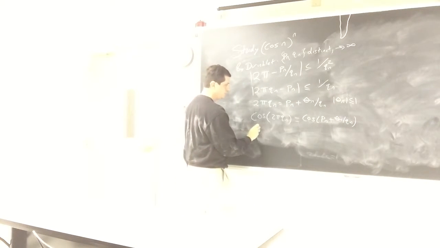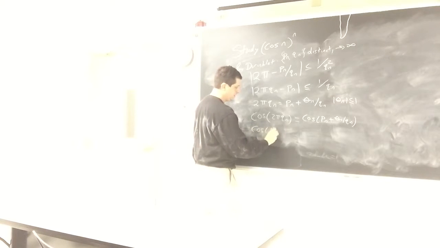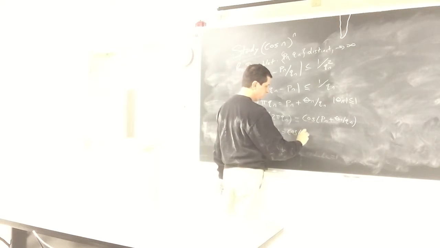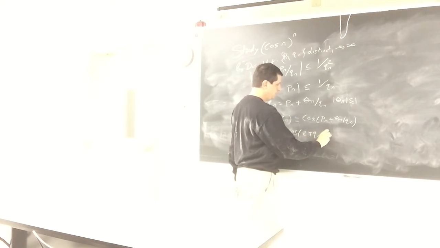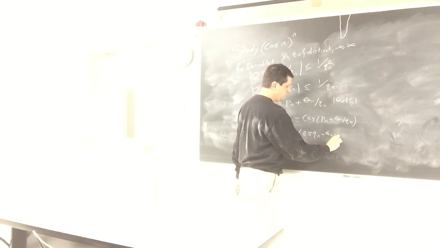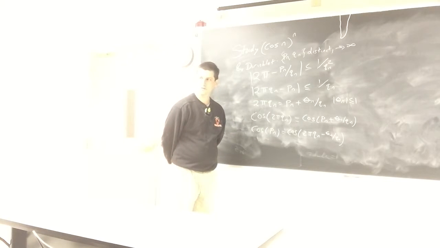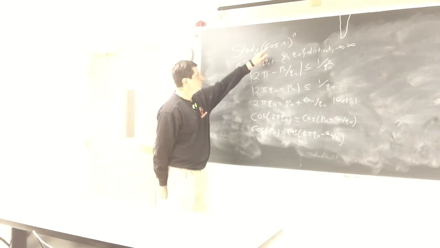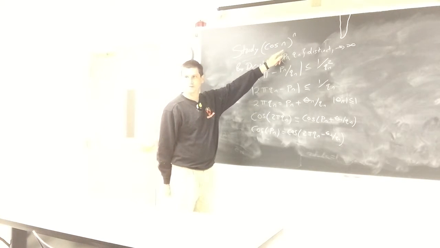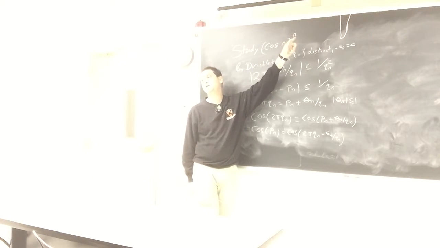Or conversely, the cosine of pn is the cosine of 2 pi qn minus theta n over qn. Which one do you think is the one we should work with? First or the second? Yeah, because we're trying to look at the cosine at a special point, at a special integer. So we'll just choose our n's to be the sequence pn.